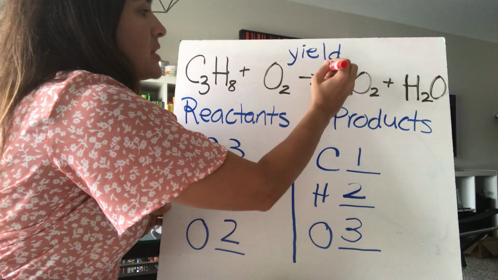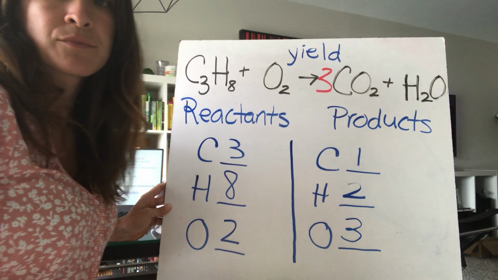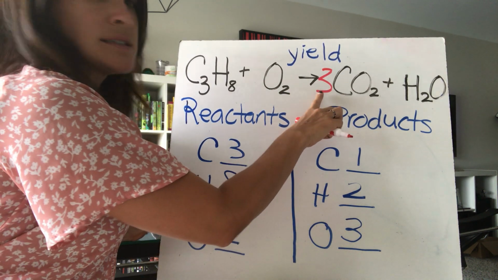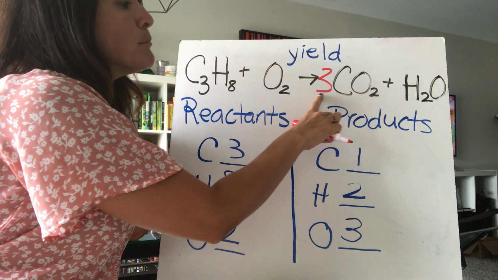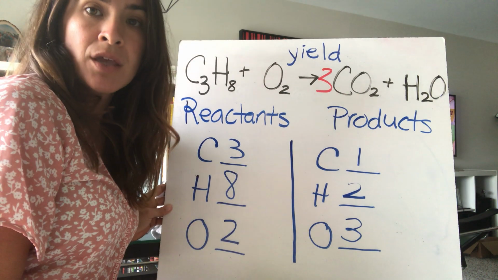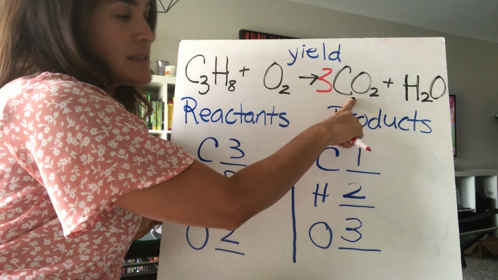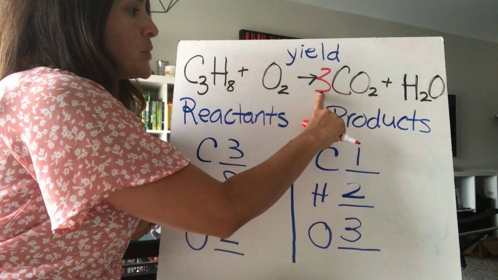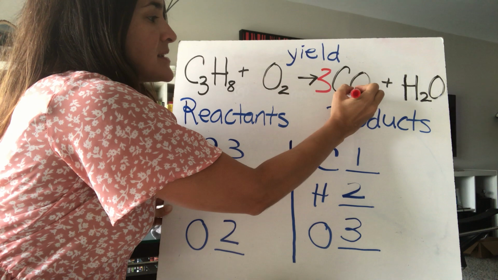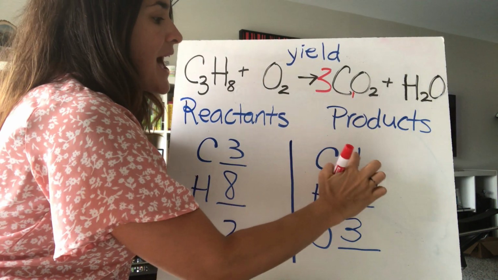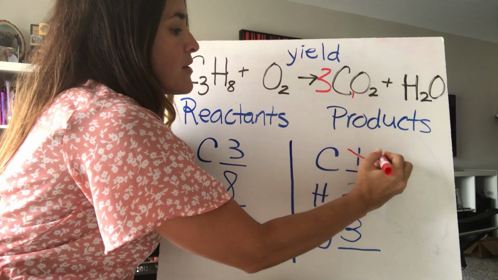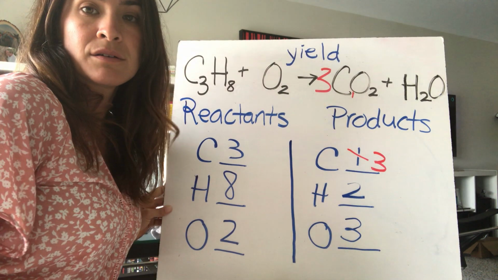If I put a 3 here, this 3 is a coefficient and it acts as a multiplication. So it multiplies against subscripts. 3 times, remember that if it's empty, it's a 1, right? So 3 times 1 means that actually now I have 3 carbons.